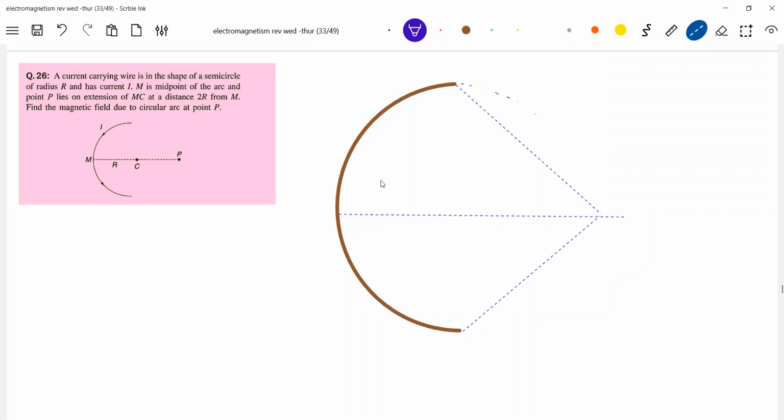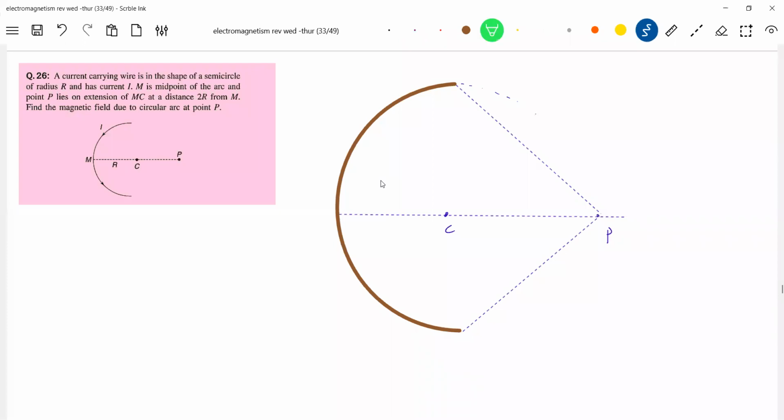I think it's understood. Yeah, let's get into it. It's asking the field at point P, where C is the center of the circle, the center of the arc. Geometry-based possibility of asking. So some simple idea is involved here, no? At point P, it was asked at point P.